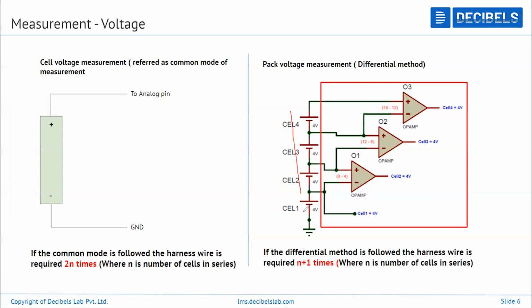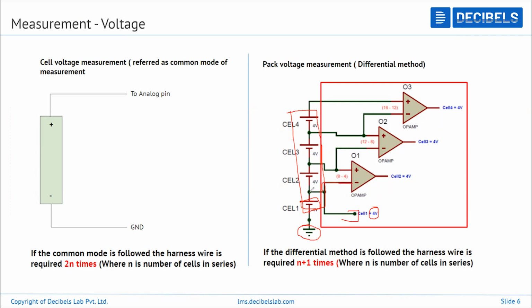If you take this 4-cell series battery pack, the negative of the battery pack will be connected to the ground, and this is cell 1. The positive of cell 1 goes to the measurement. Assuming you read 4 volts, on the other side you will take it to an op amp for the comparison.